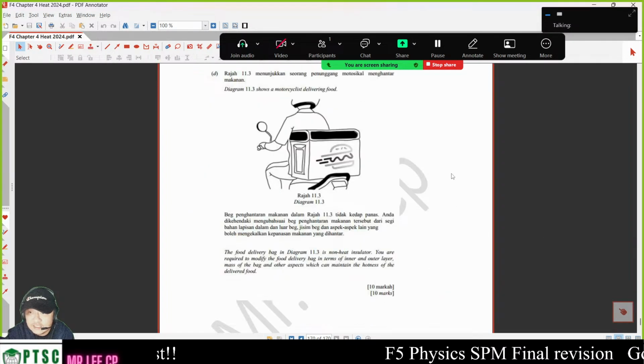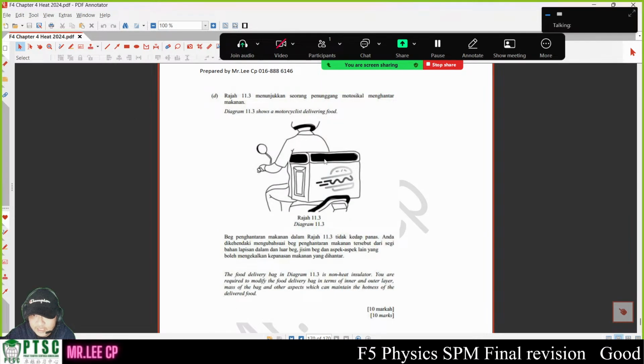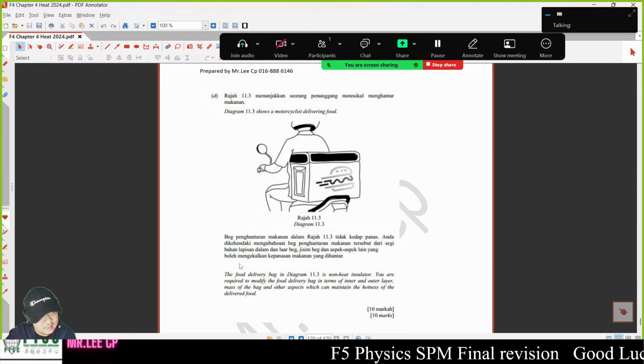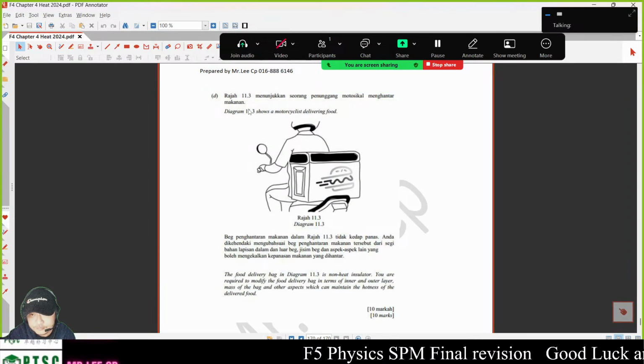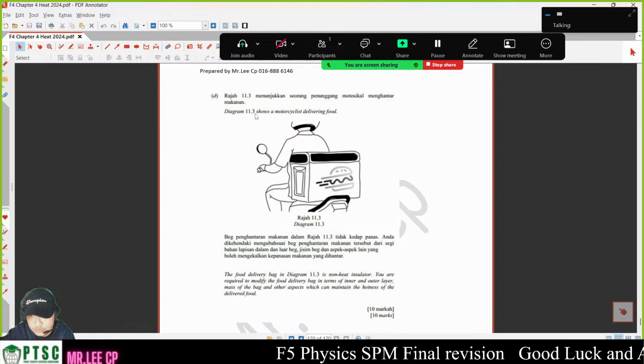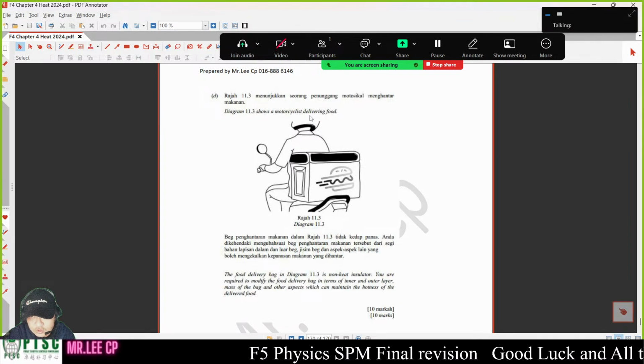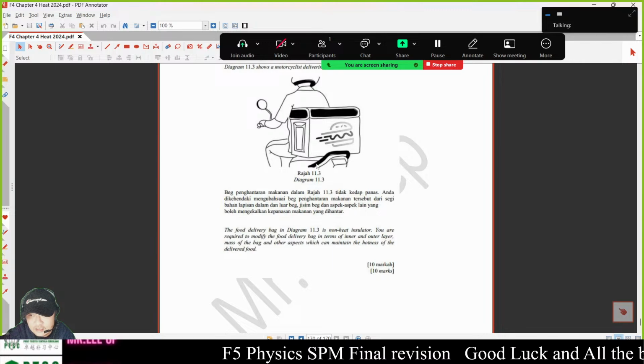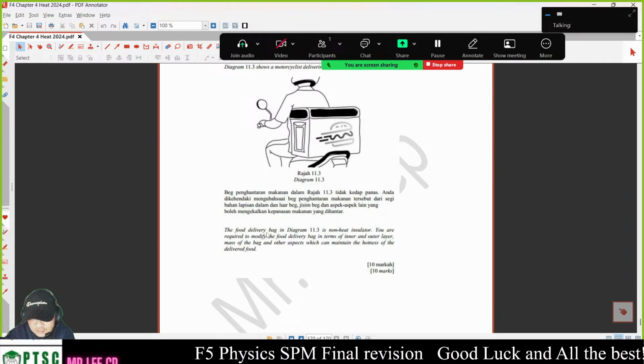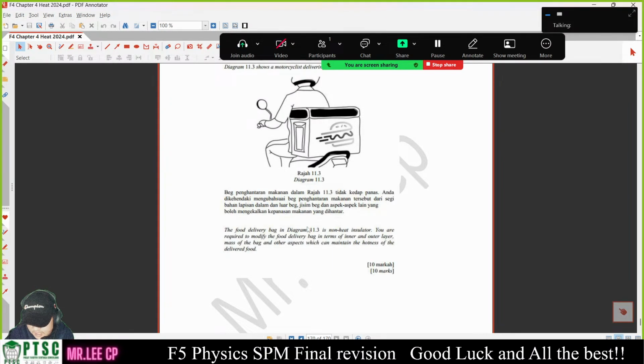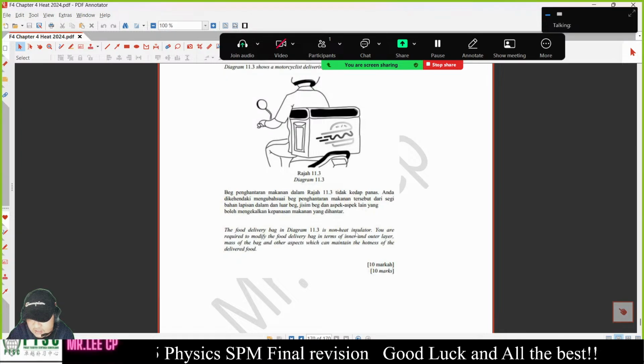So I will do a bit of what you asked. This kind of question, make sure you know, go and study how to answer. I read one more time for you. Diagram 11.3 shows a motorcyclist delivering food. The food delivery bag in Diagram 11.3 is a non-heat insulator.